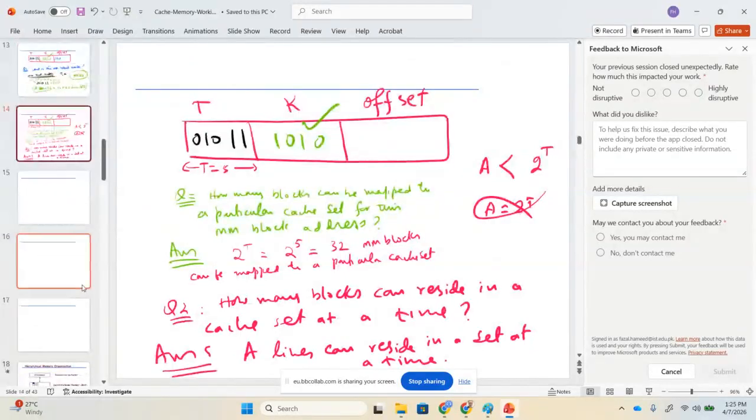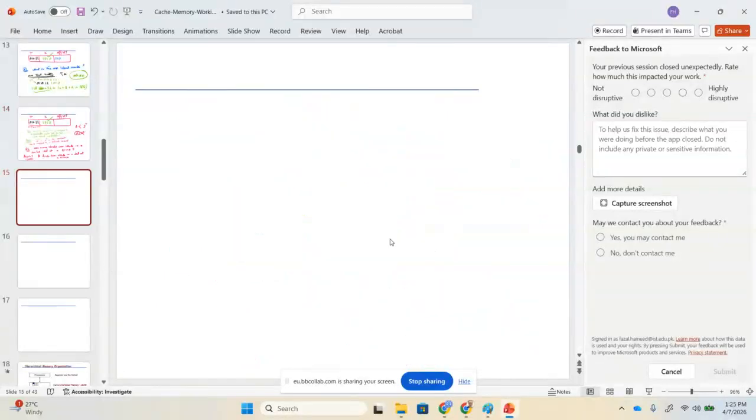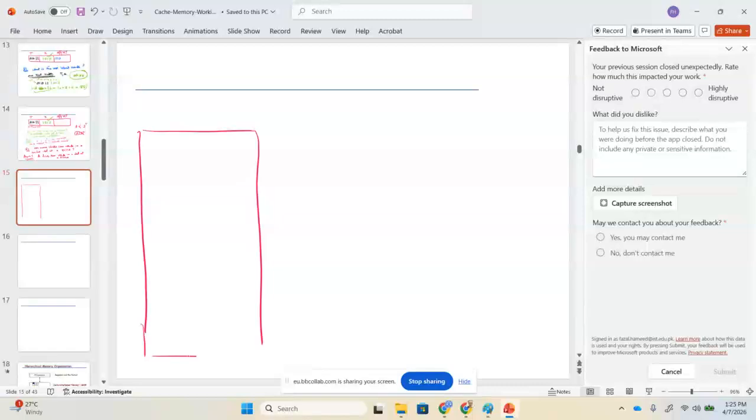Okay, now another question. Please remember, the question I'm now answering is all relevant to your midterm. Let's assume we have a cache here, and this is set number I. This set number I consists of 2 ways.